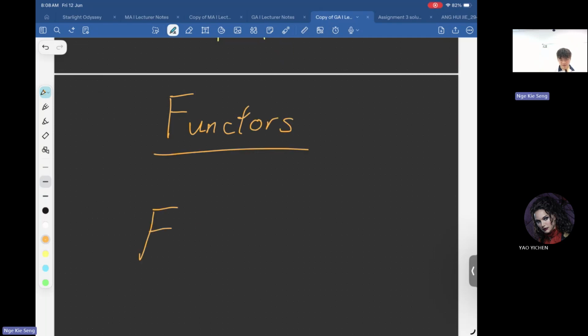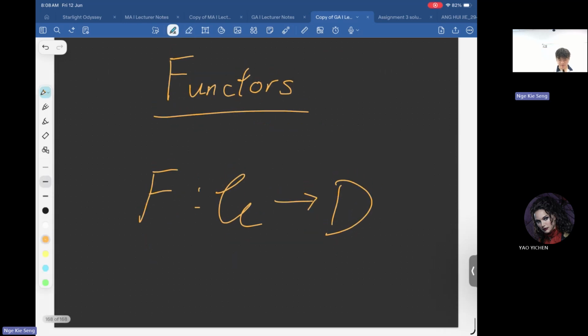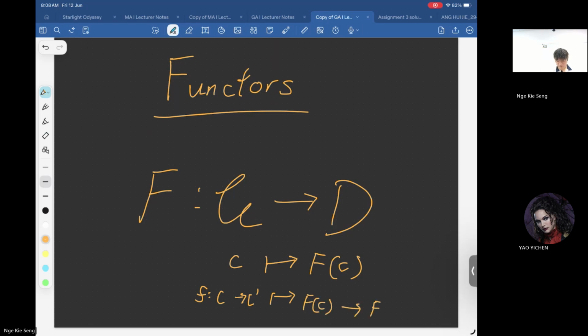So a functor is a map from a category to another category, whereby you need to tell me where you want to send the objects, and then you also need to tell me where you want to send the morphisms.